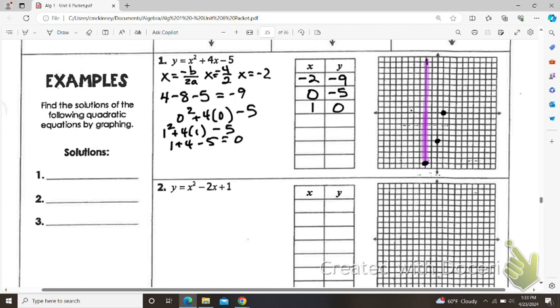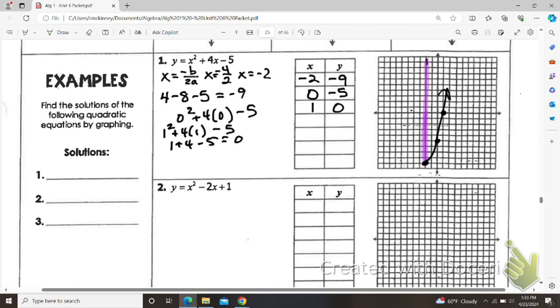And then keep in mind that that is 3 spaces. So I can kind of fill this out, right? That is 3 spaces. I'm not going to fill in this whole table. I'm going to use my symmetry to help me out. That 0, that solution, that root, is 3 spaces to the right of the axis of symmetry.